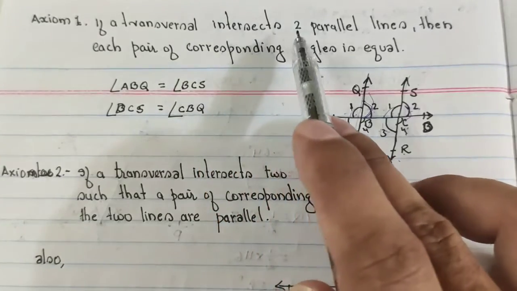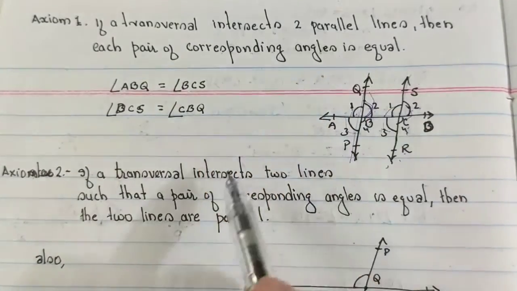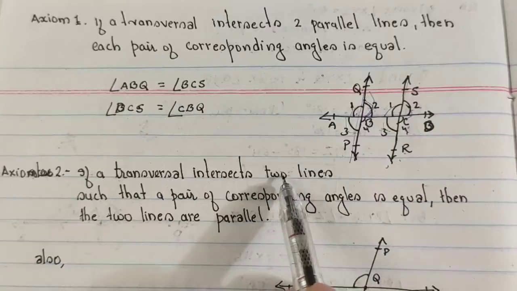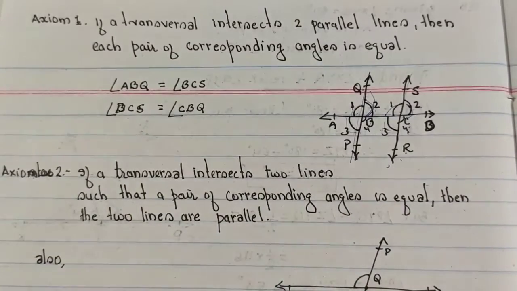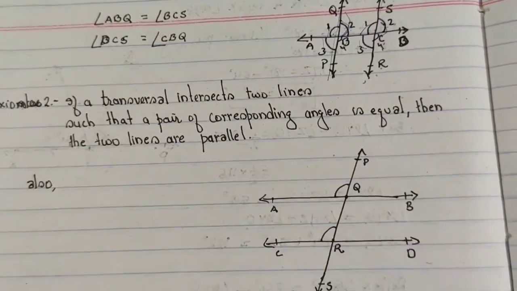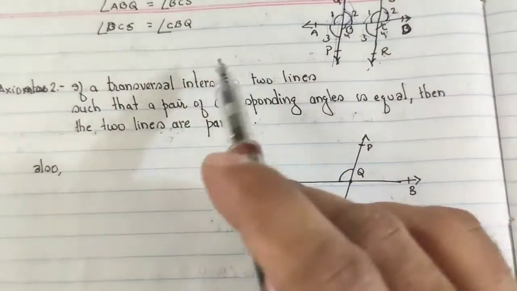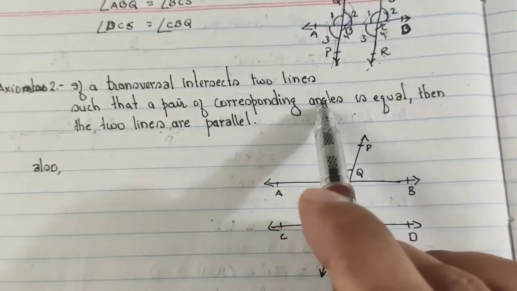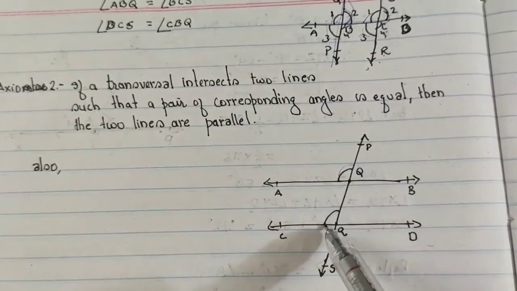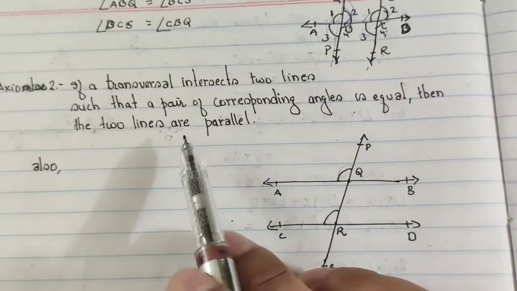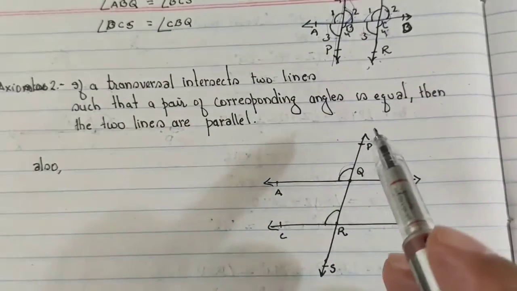Now, if a transversal intersects two lines, here earlier it was given that the lines were parallel, but here only two lines are mentioned, such that the transversal intersects the two lines in such a way that the pairs of corresponding angles are equal, then the two lines are parallel.